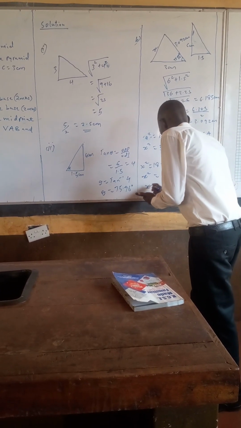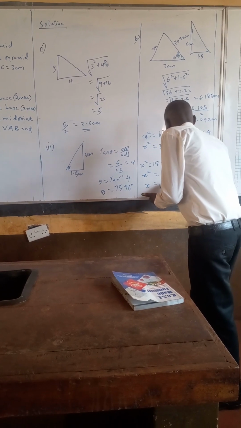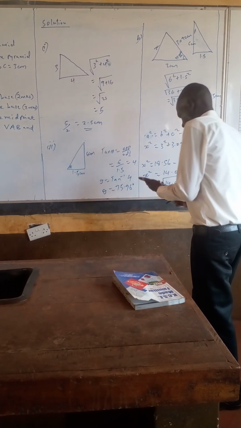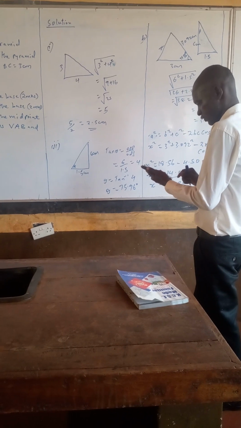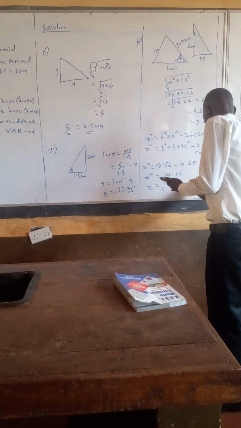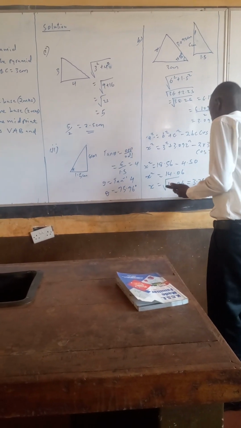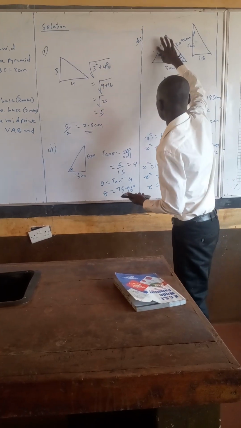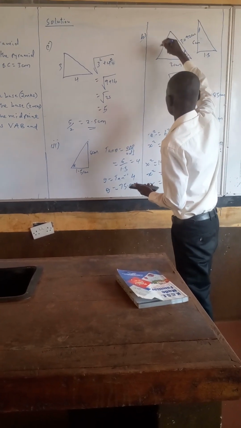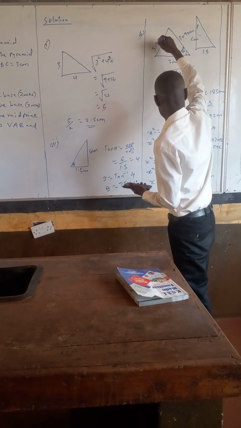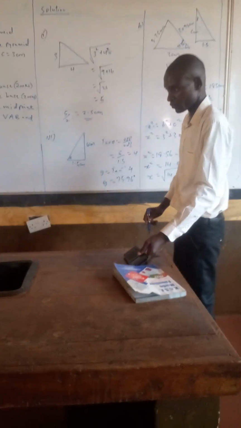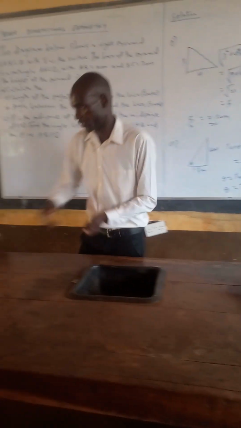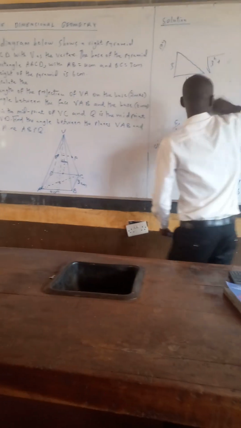So the value of x becomes the square root of 14.06, which is 3.75 centimeters. So it means on this side, where there was x, it is the same as what? 3.75 centimeters.